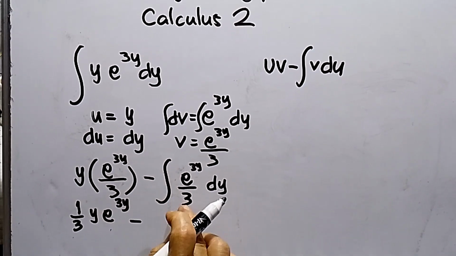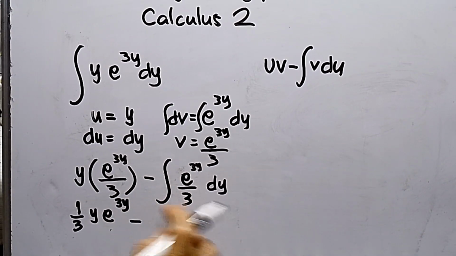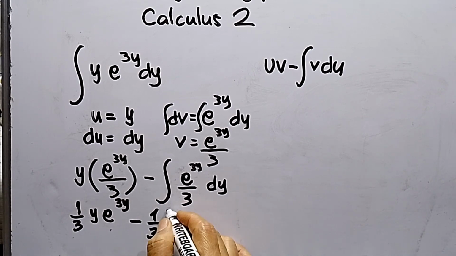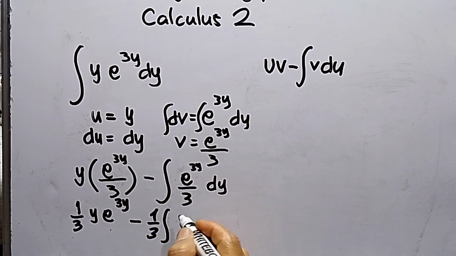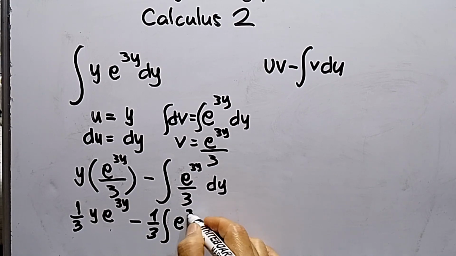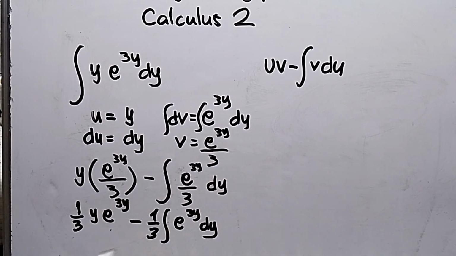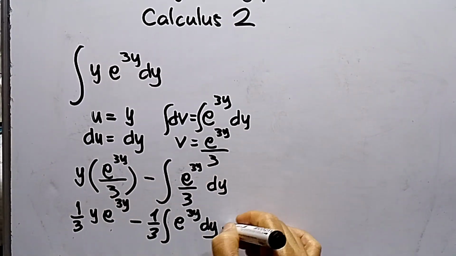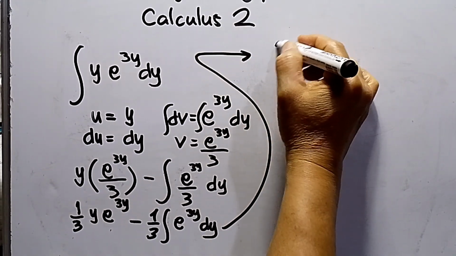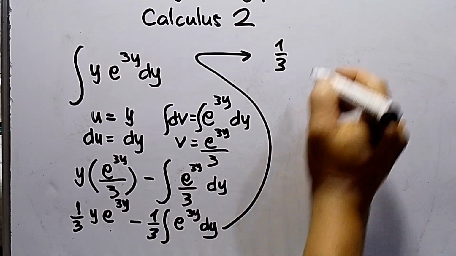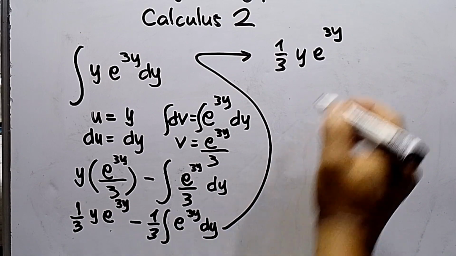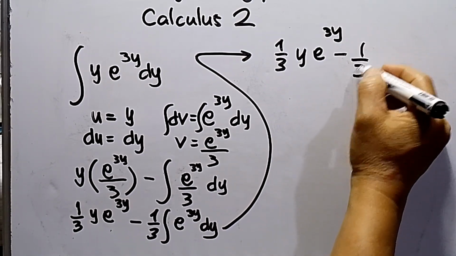Then minus. So first thing to do, I need to separate the constant. It should be 1 over 3. Then copy the integration, e to the 3y dy. Okay, so this will be 1/3 y e raised to the 3y, then minus 1/3.